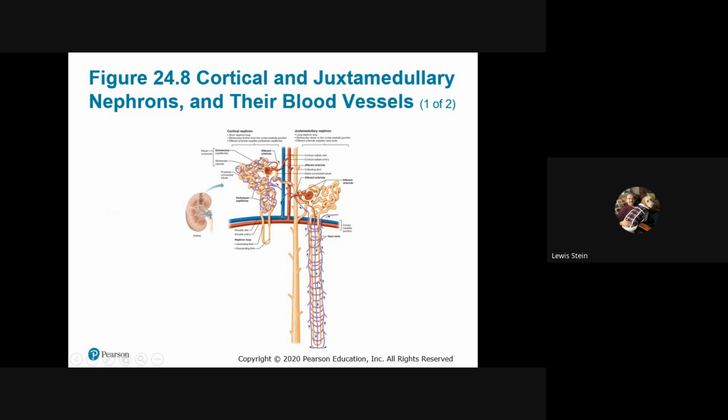And why do we see that coloration? Again, this is where the energy is. We're utilizing active transport in the proximal and distal convoluted tubules, which is why the blood is changing now from arterial to venous.